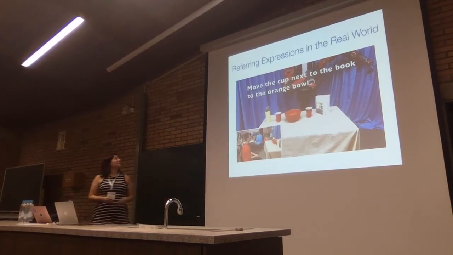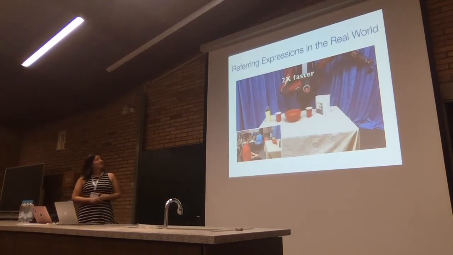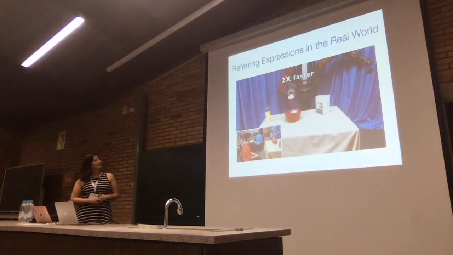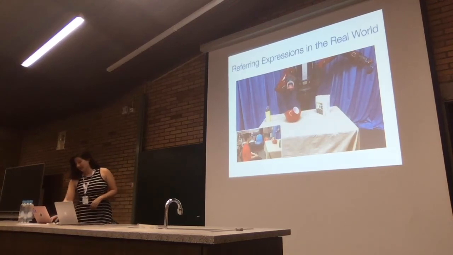Here's some more examples. So you can see it's understanding that referring expression about the cup next to the yellow bottle. So that's what we've been working on and are really excited about.